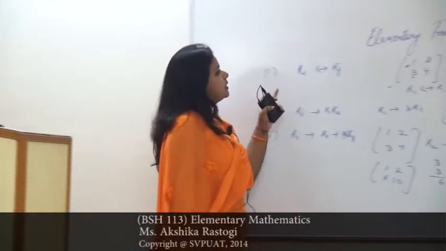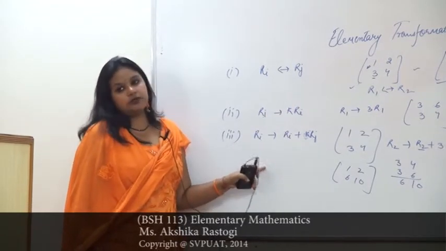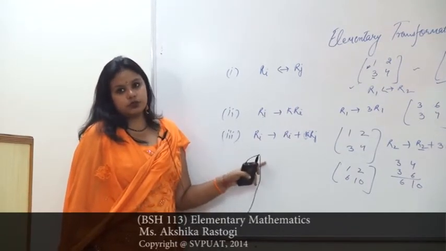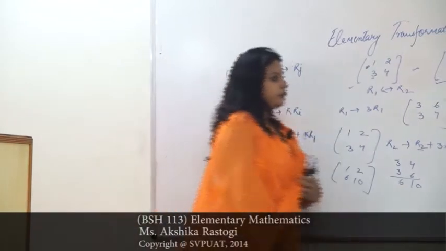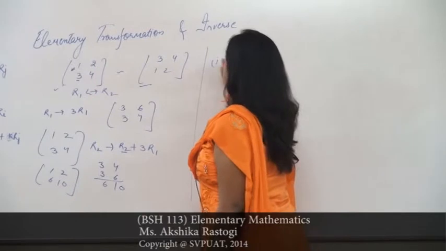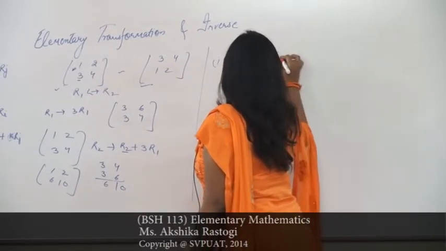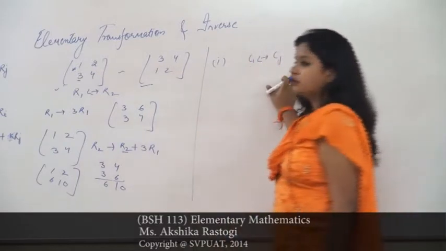These transformations, as you can see, are all for the rows. The same transformations we can apply for columns also. If we apply the same transformations to columns, our first transformation is that any of the columns can be interchanged.